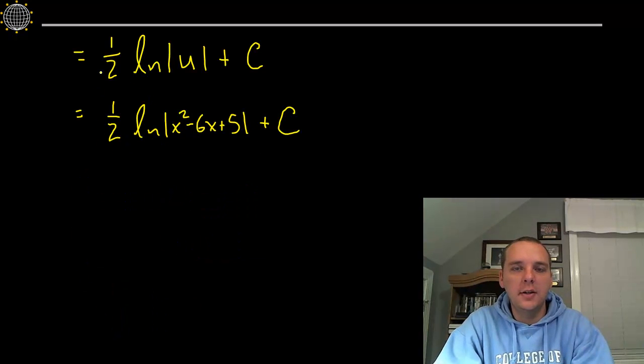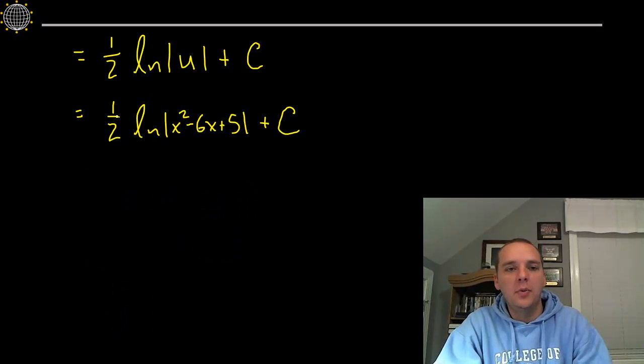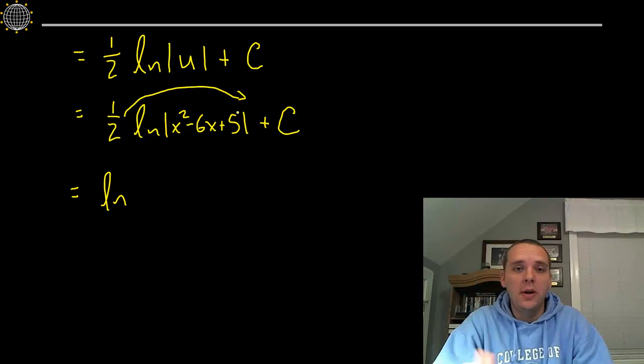Now, just one last thing in closing. We'll notice this 1/2 out front. There's something small you can do with it. You'll remember there was a property of logarithms that said if you have a coefficient in front of your logarithm, it can be moved up into the exponent of the expression. So if we wrote this as natural log of blank to the 1/2, you recall a 1/2 power is equivalent to a square root.